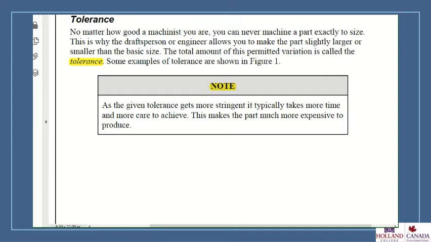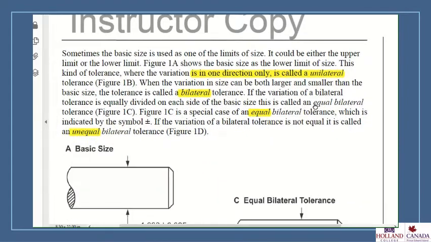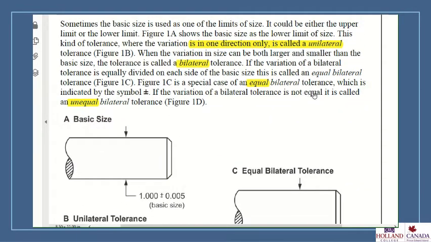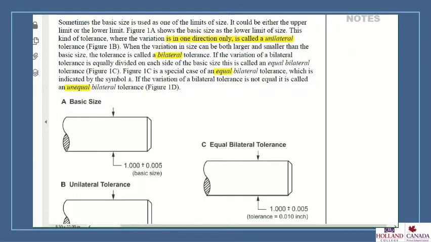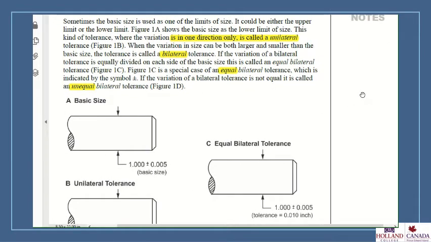Note, as the given tolerance gets more stringent, it typically takes more time and more care to achieve. This makes the part much more expensive to produce.